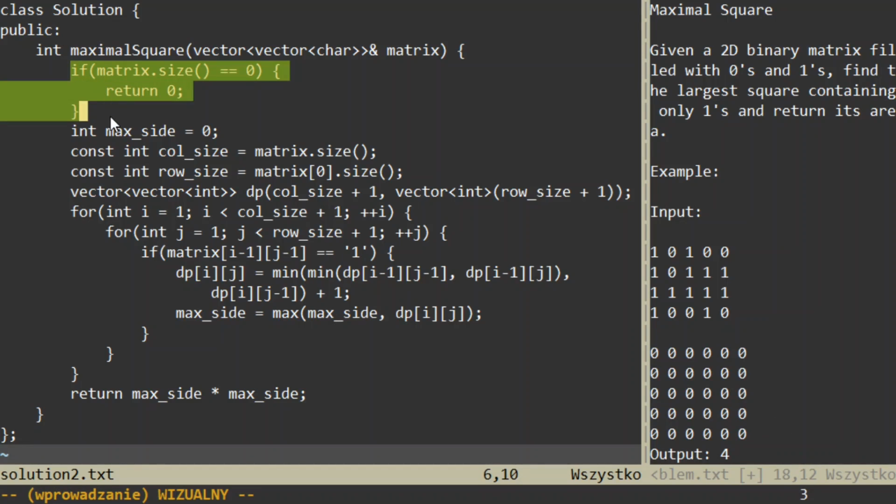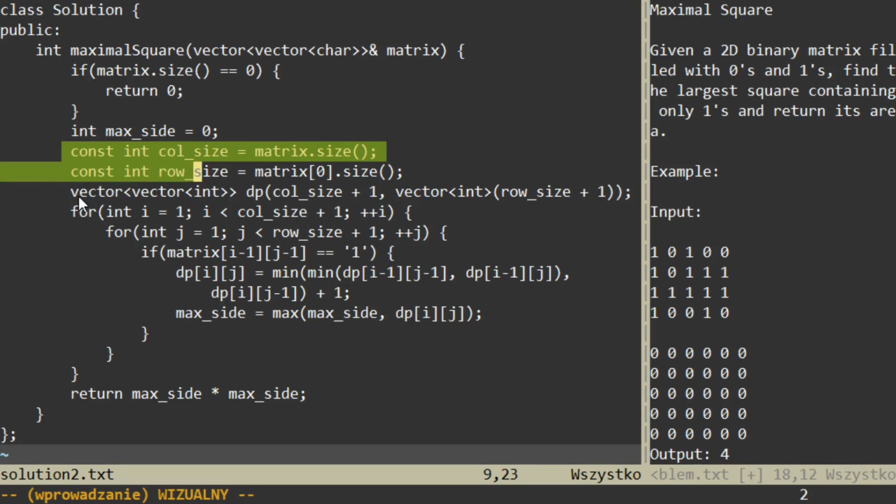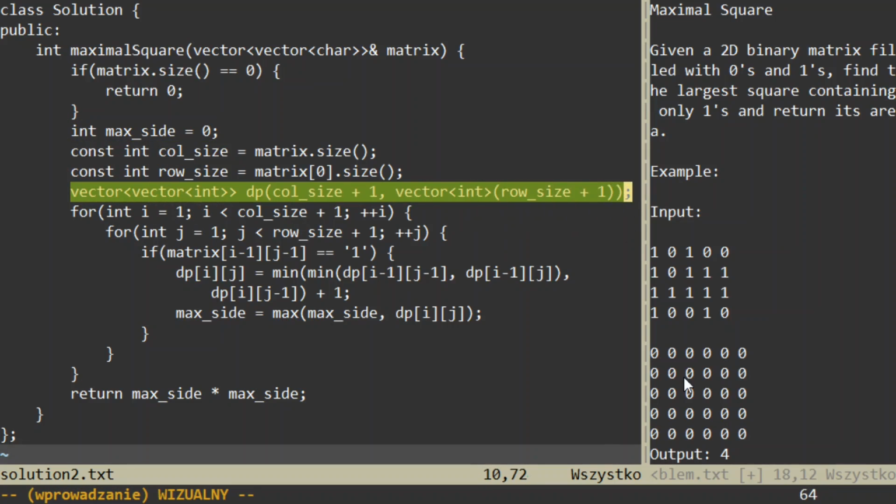First we are checking if it isn't zero, the size. Then, this is important. Here we are building this matrix, and we go through starting from 1 because we are checking the index minus 1.